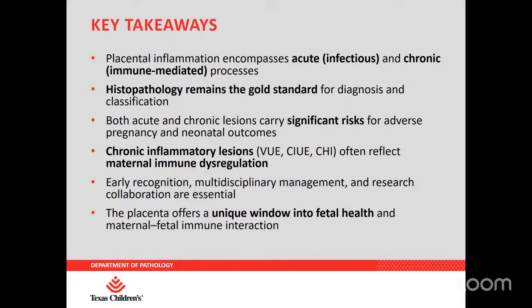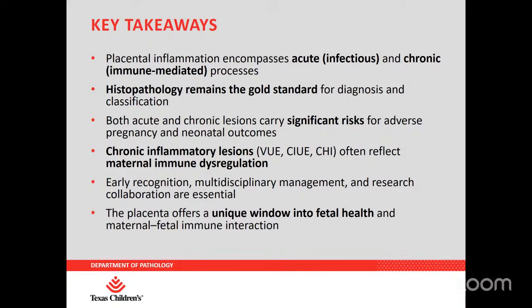Accurate recognition and clear communication transform these findings from descriptive histology into clinically meaningful insights. Lesions like VUE and CHI remind us how intricate maternal immune regulation truly is and how its imbalance can profoundly affect pregnancy outcomes.